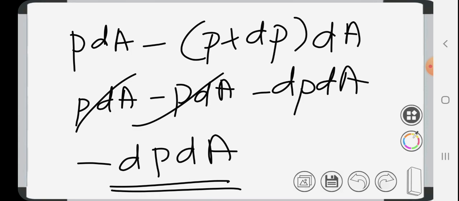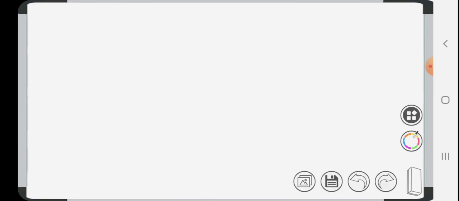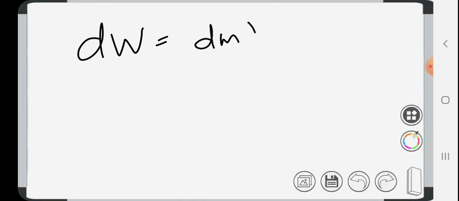Now one component of weight dW is there. dW is nothing but mass into g, so since we are taking a differential element, the differential mass of that element will be dm into acceleration due to gravity.